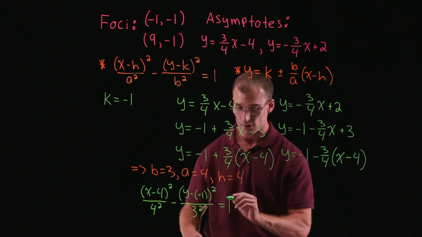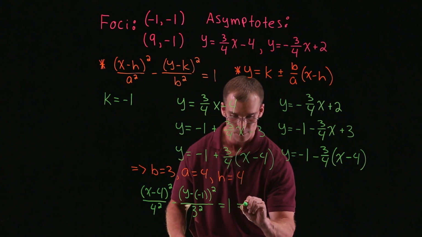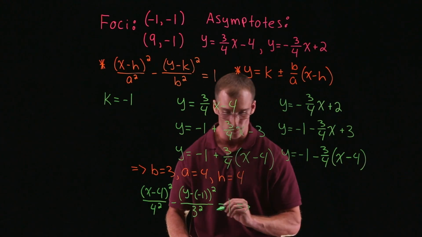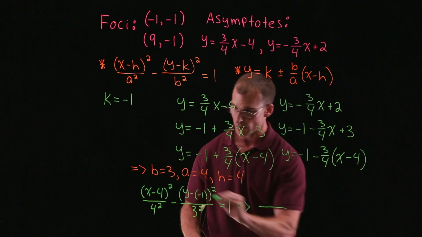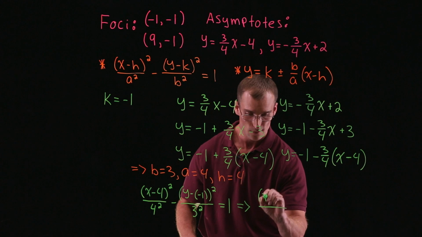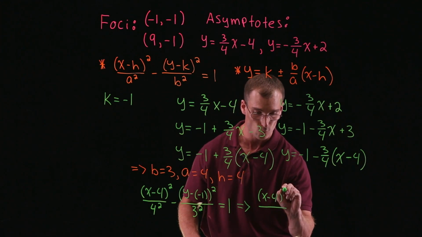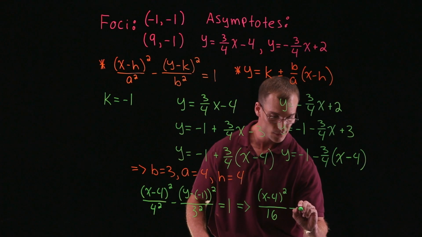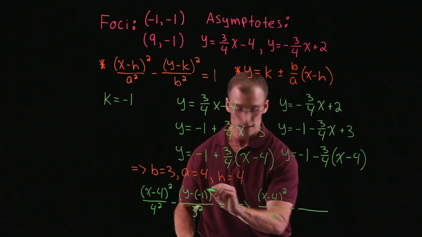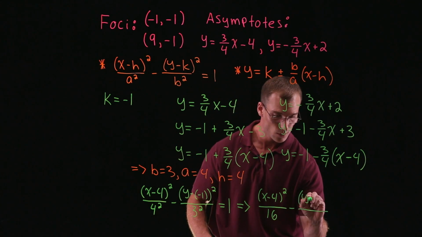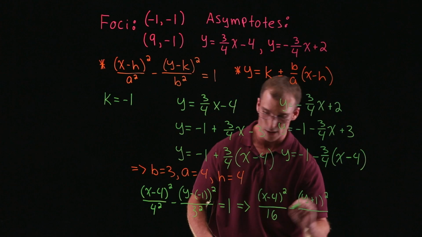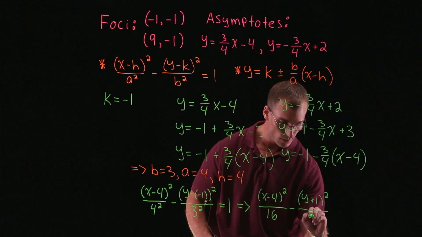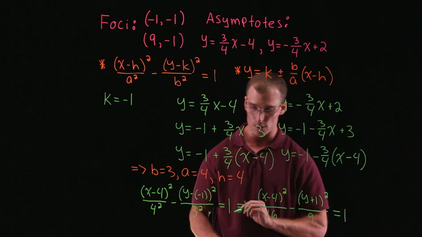We could leave it like this, but we'll rewrite it one more time, simplifying things. Both will be acceptable. We can write this first part as (x minus 4) squared over 4 squared, which is 16, minus (y plus 1) squared over 3 squared, which is 9, and that's equal to 1.